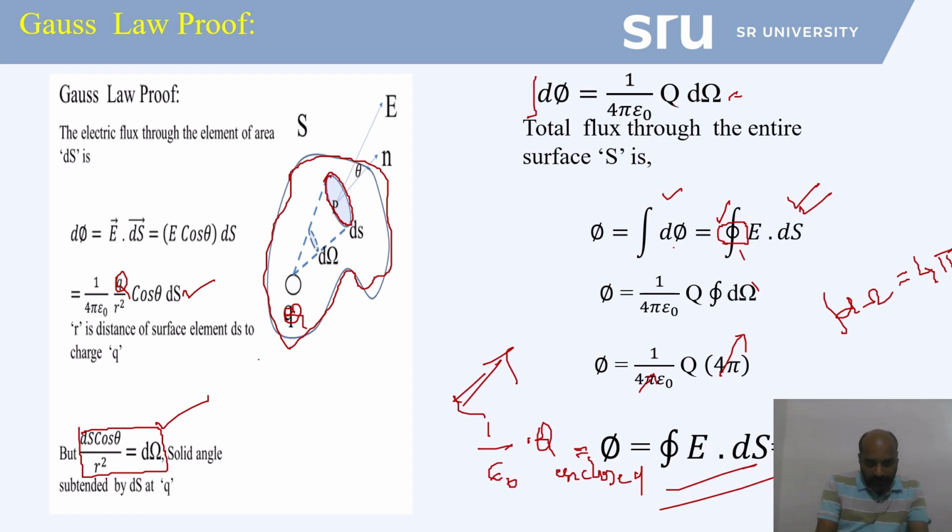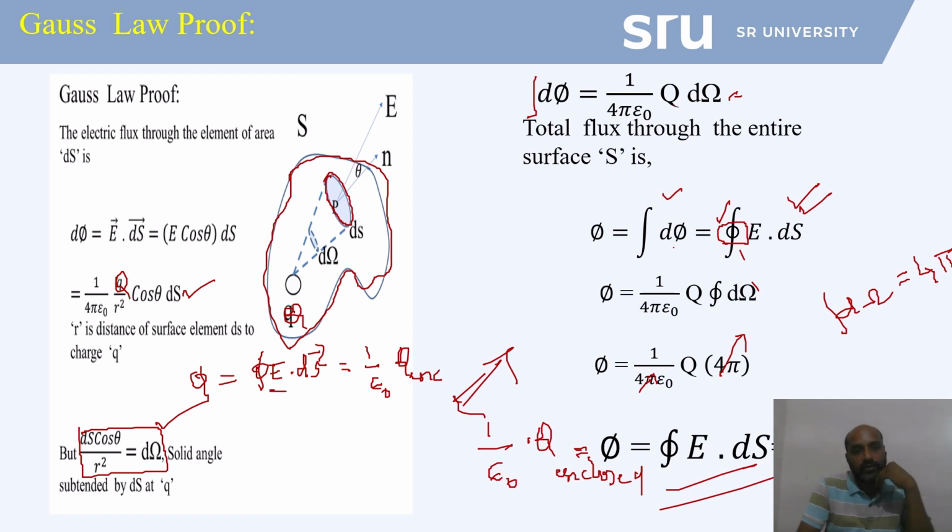See here, integral E dot ds is equal to what? 1 by epsilon naught times q enclosed, which is equal to phi. The advantage of Gauss law is you can calculate the electric field intensity a little bit easier.